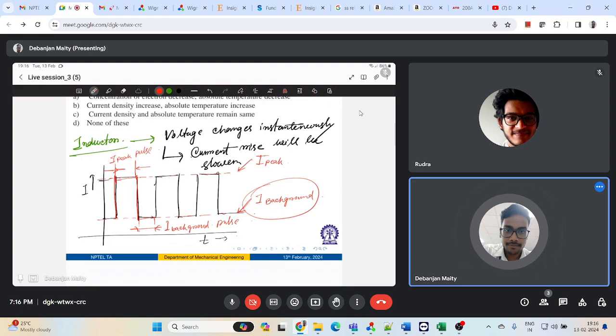Now there is something called the transistor power supply unit. These are industrial power supply units which you have already covered in your video lecture.